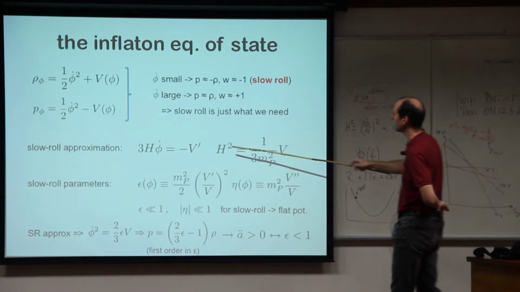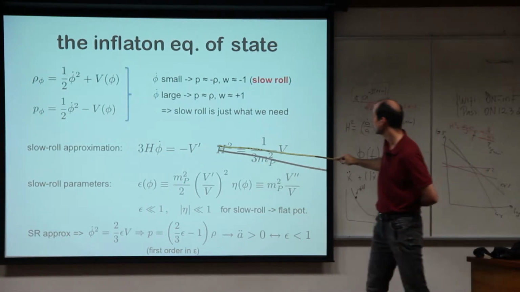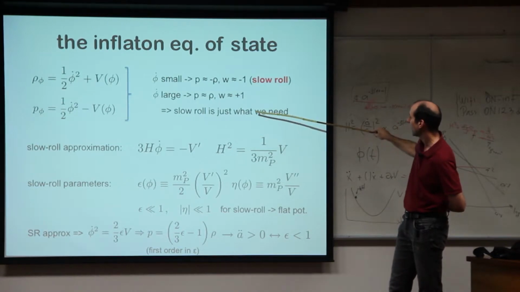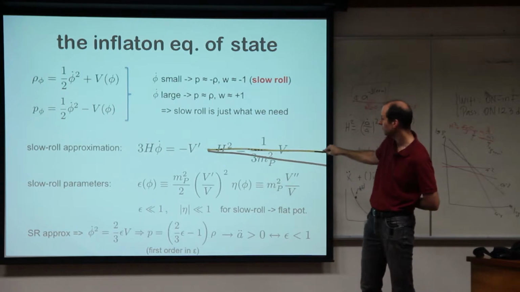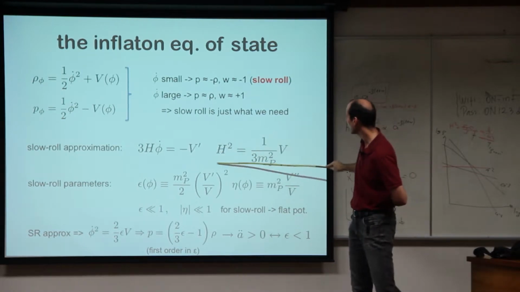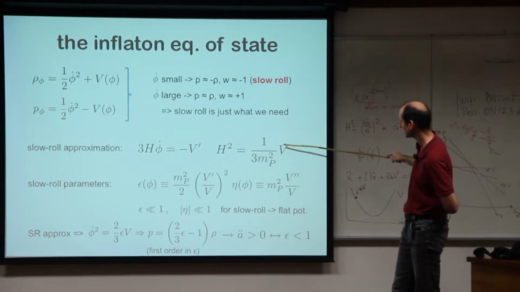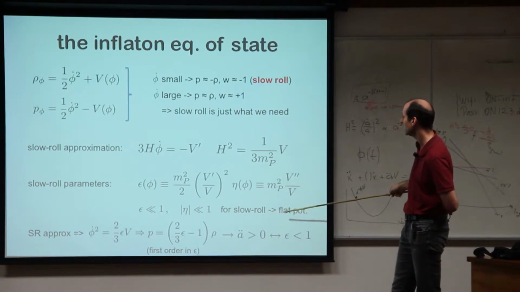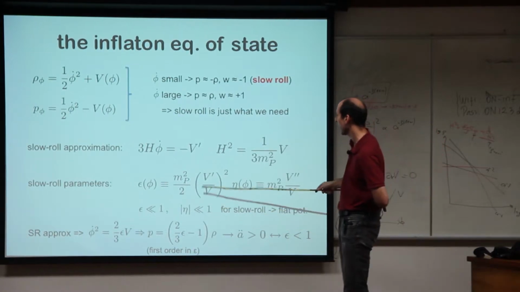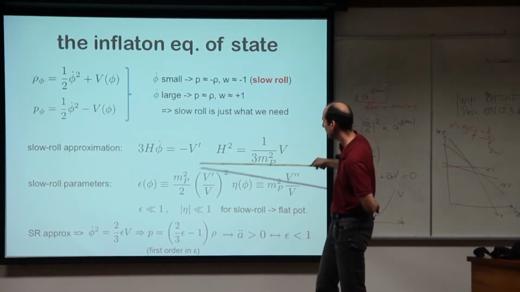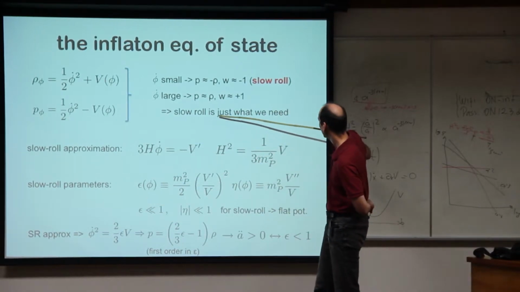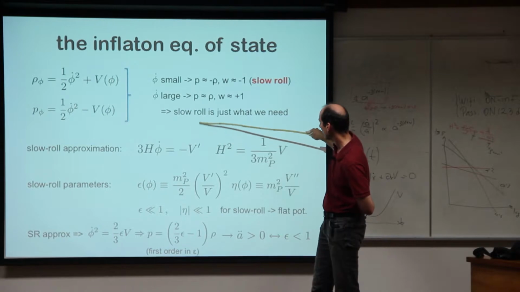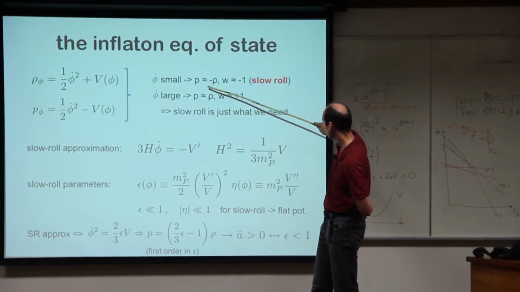In that case, I simply have that H phi dot goes like the gradient of v, and this is the Friedmann equation, and so then you can easily see that the phi dot squared then, let me see.